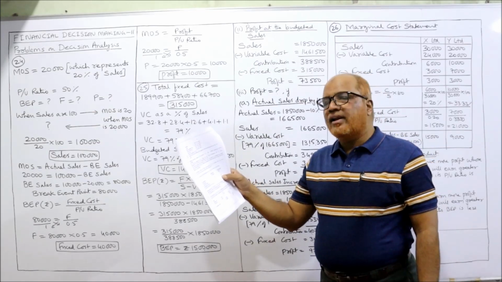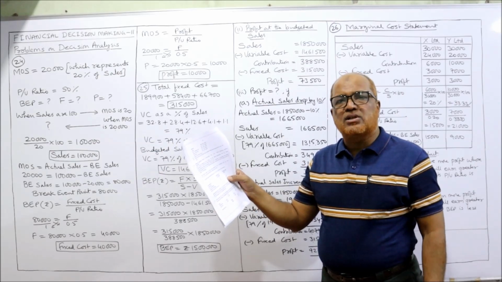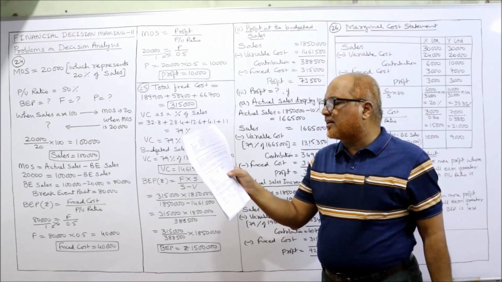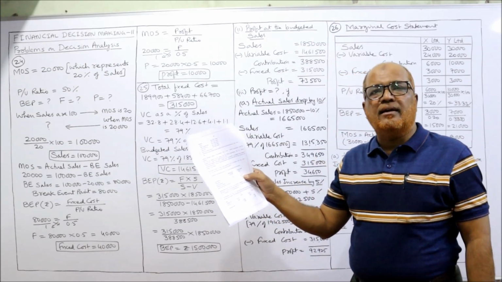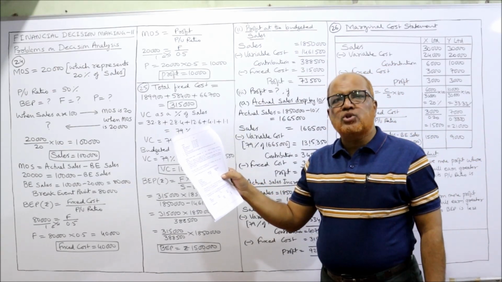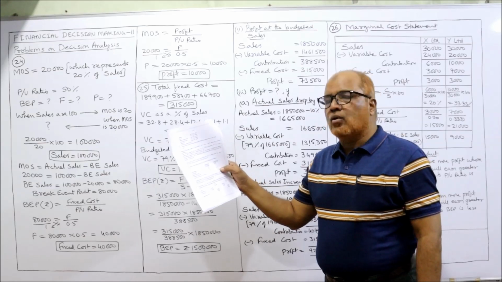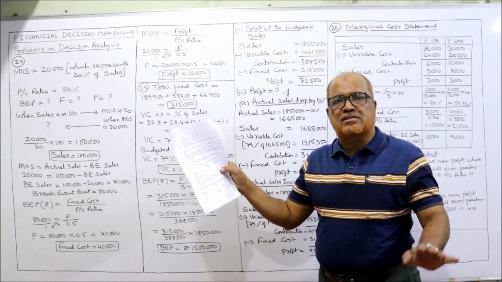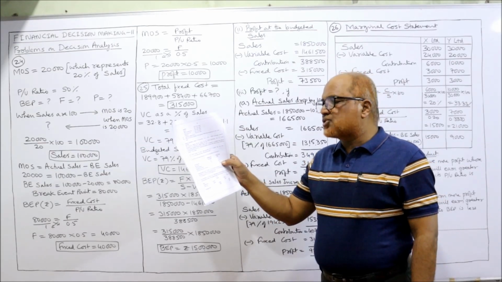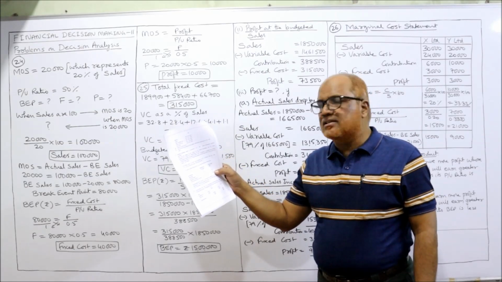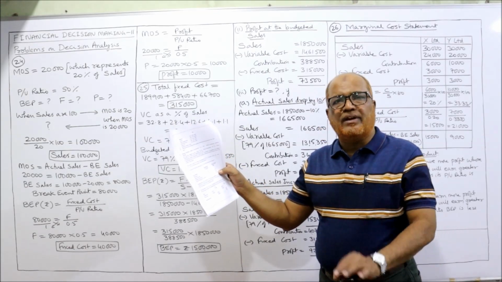Then factory overhead is 12.6% of sales and fixed factory overhead 1,89,900. Next is distribution overhead 4.1% of sales and rupees 58,400 fixed. And lastly, general administration overhead 1.1% of sales and 66,700 fixed.